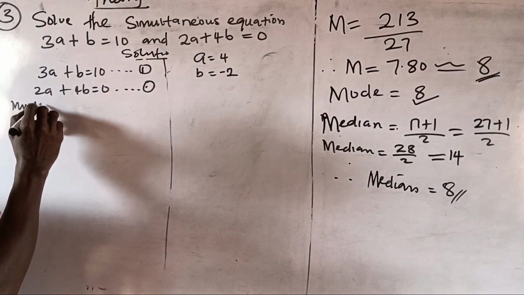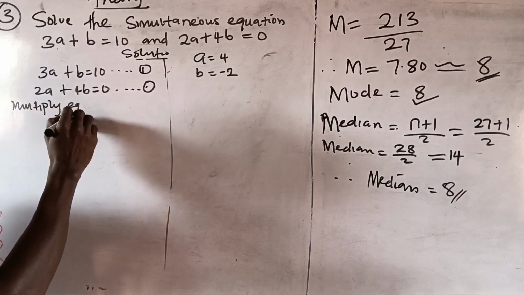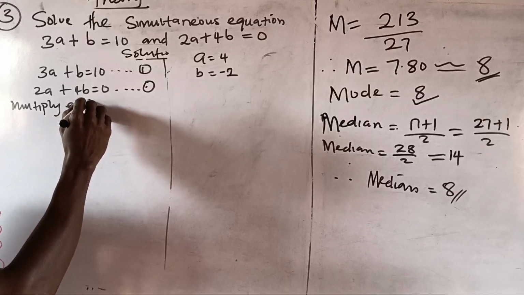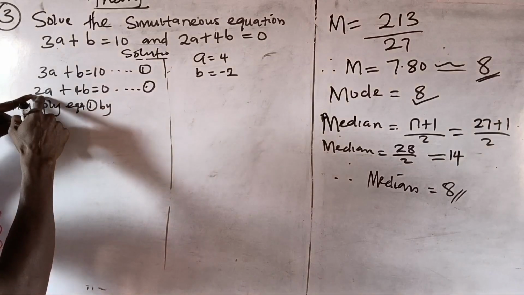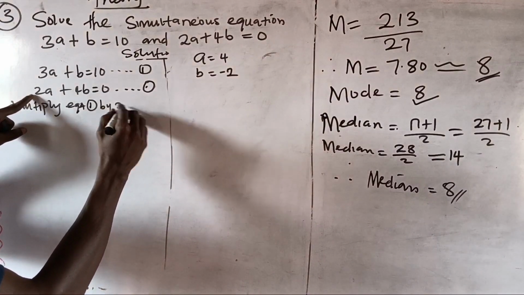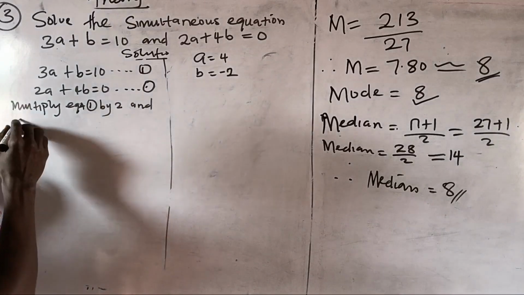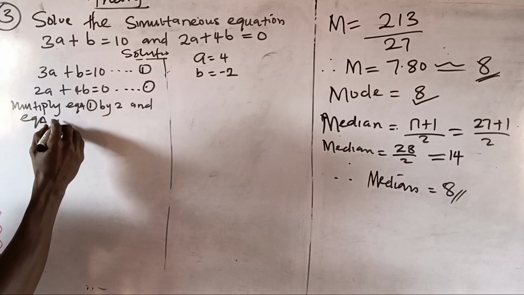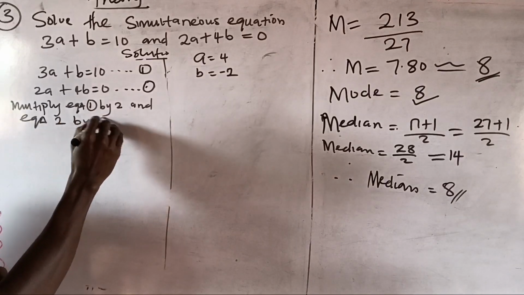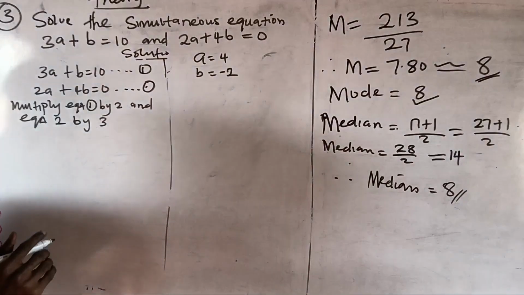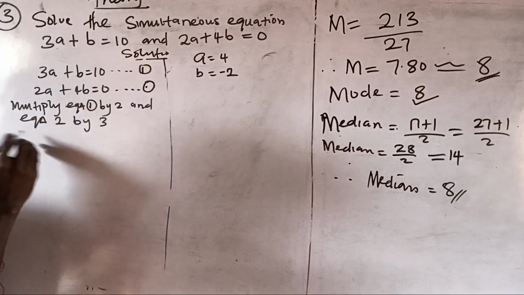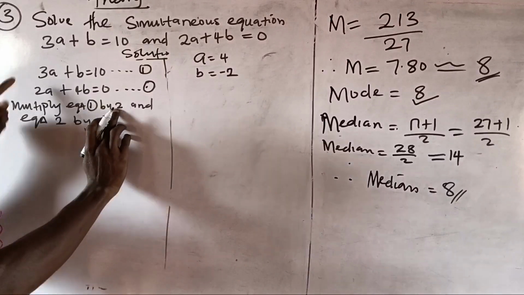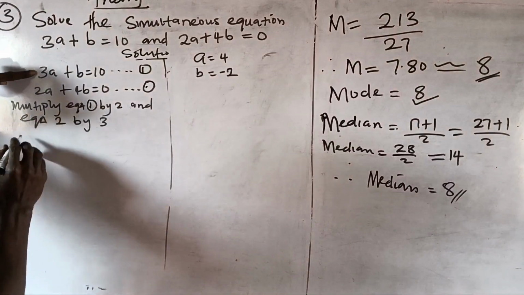Multiply equation 1 by 2 and equation 2 by 3. So that will make it work very well. So we have the equation 1 by 2. That is equation 1, 2 times 3a will give me what?